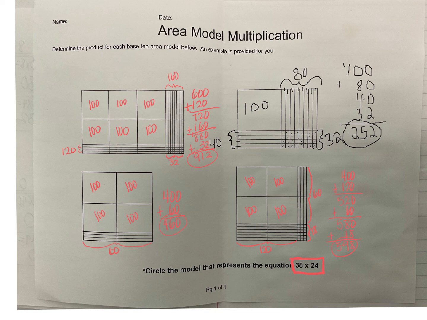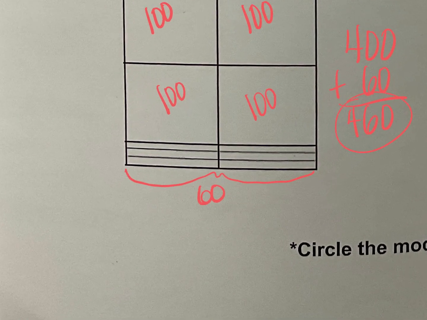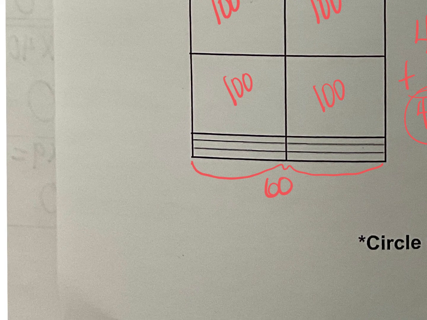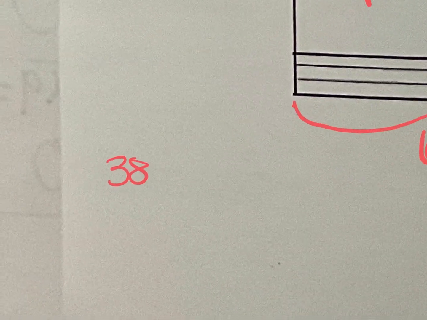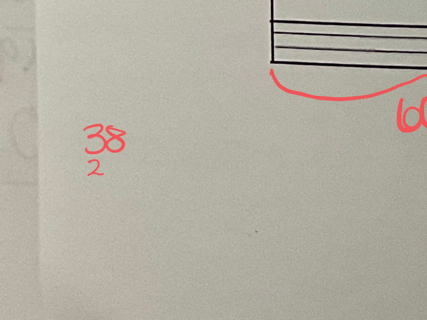I need to find the product of 38 times 24, right? Okay, so I'm just going to go in this corner right here. And we're going to multiply 38 times 24. Miss Anderson's going to do standard. If you prefer area model, you can always do area model.